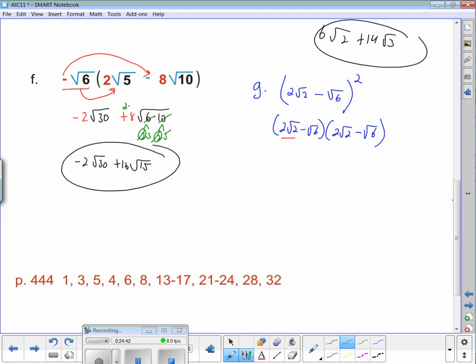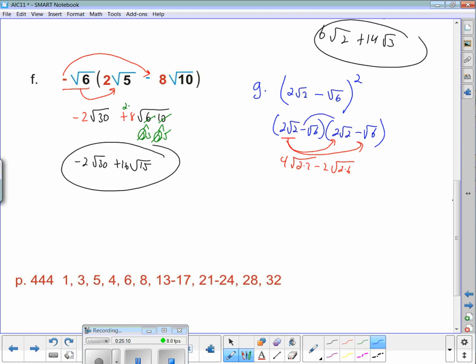All right, so watch. 2 times 2 in the front is 4, but what's the square root of 2 times 2? What's the square root of 2? All right, I'll do it this way for you so it'll be clearer. That's the first term, right? Distributing to the back. 2 times negative 1 is a negative 2, and you have a 2 times a 6.